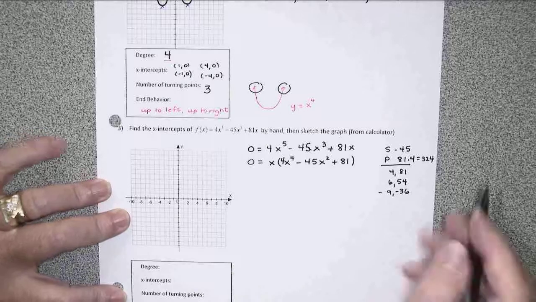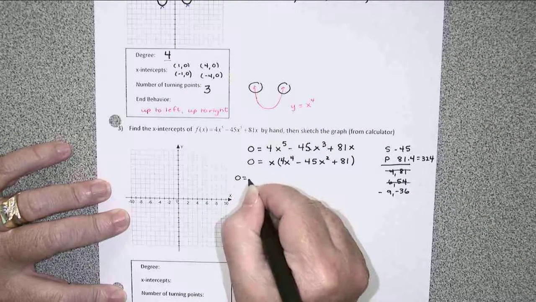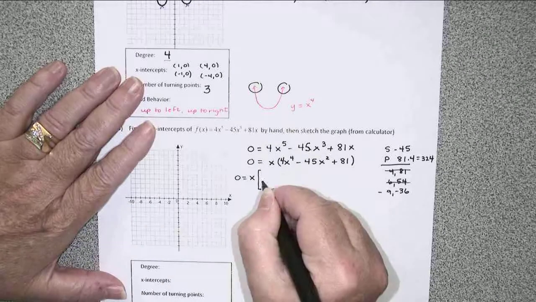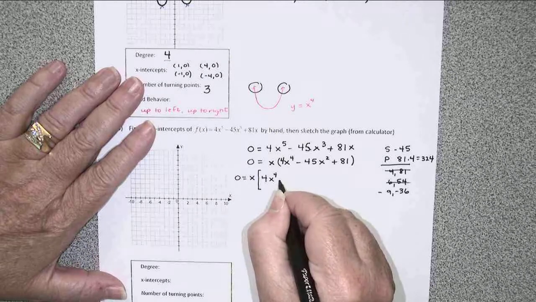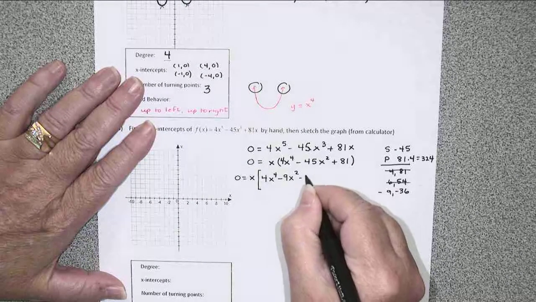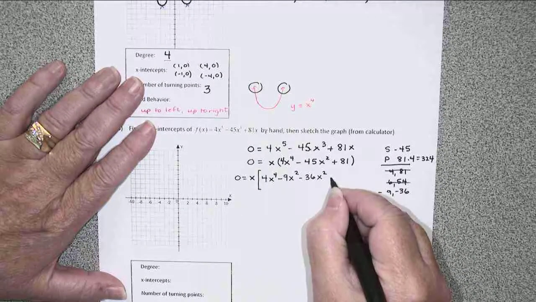So let's go with that. Still got this x out in front. And then I'm going to take this 4x to the 4th, break apart my middle term as negative 9x squared, negative 36x squared, using my numbers, and then the plus 81.